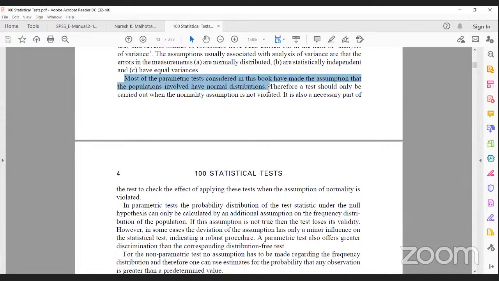What is the line? Most of the parametric tests considered in this book make the assumption that the populations involved have a normal distribution. It has that much potential. All the distributions in our statistics will follow a normal distribution.